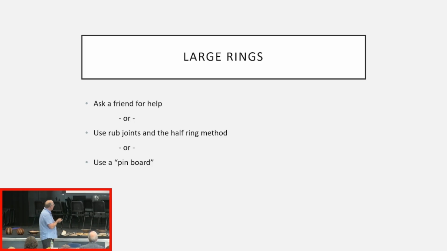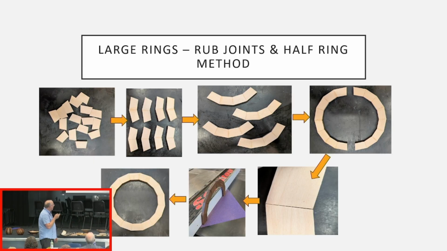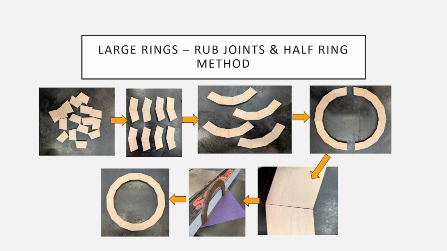I'm going to go through both of these. This is one where you've got a large ring, and what I'm going to do is what's called a rub joint. And this is interesting because you don't use rubber bands. Back to the previous discussion on, do I need to clamp them?